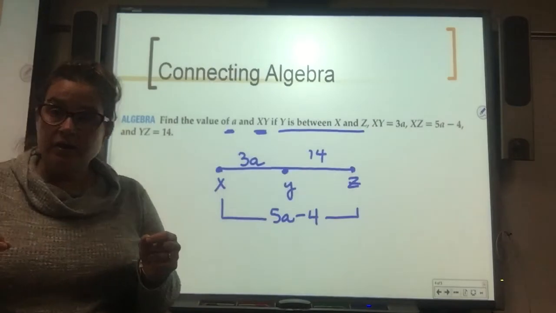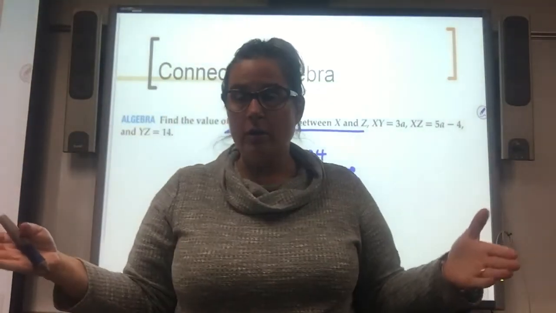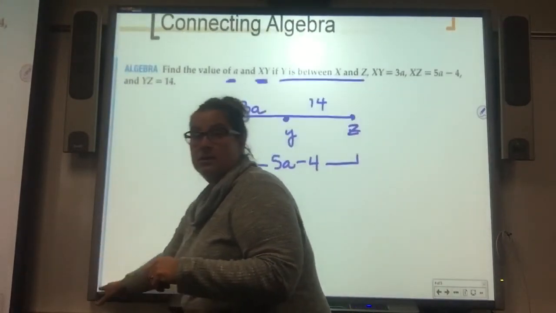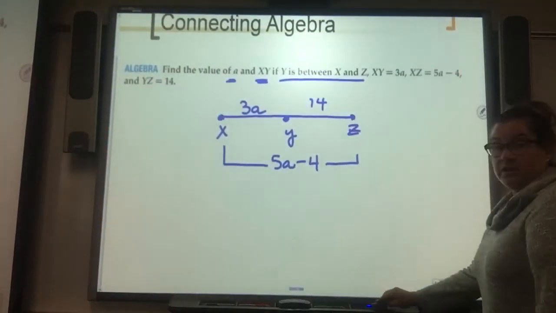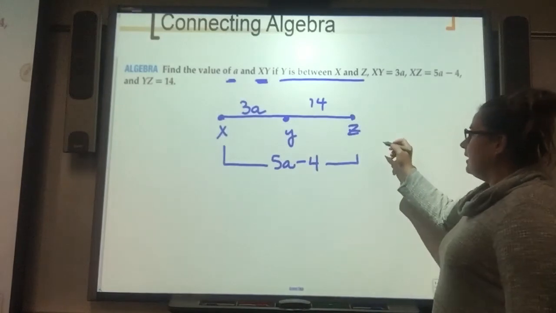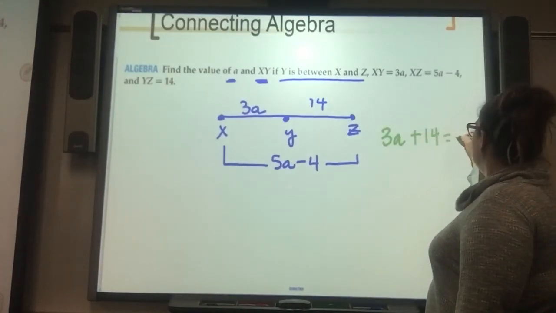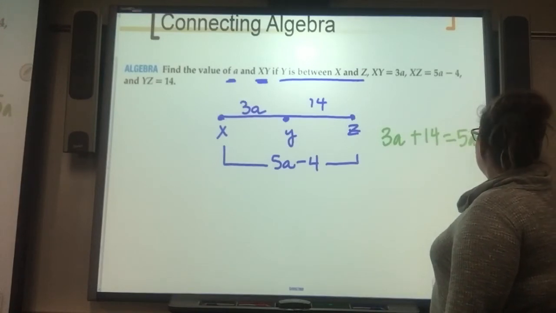The 2 parts make up the whole. And so the equation I can write with this is 3A plus 14 equals 5A minus 4.